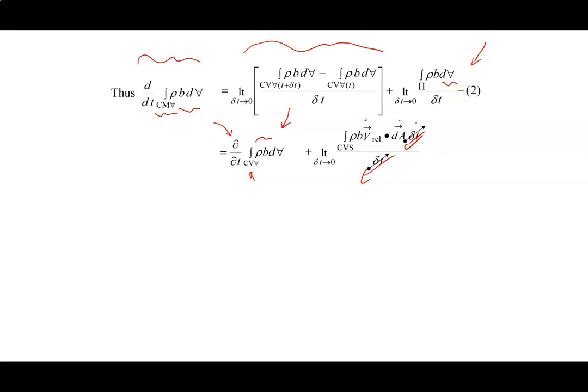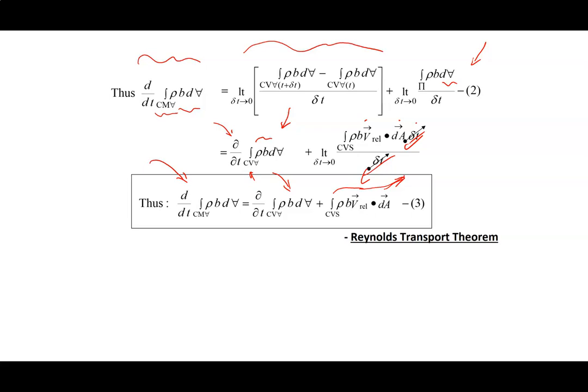and so what I'm left with is that the rate of change of the B stuff inside my control mass is the rate of change of my B stuff inside my control volume, plus the net outflow minus inflow of B stuff going in and out of my control volume. That's what equation 3 represents, and this is what's called the Reynolds transport theorem.